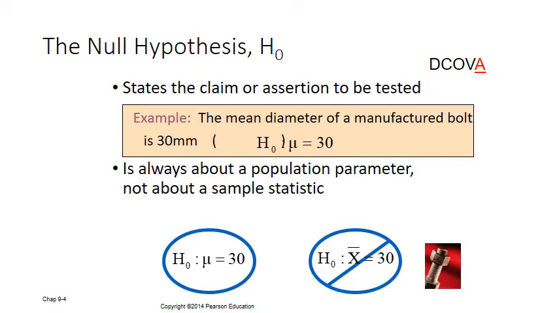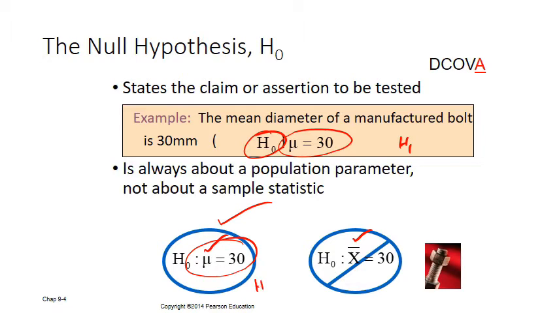Here you can see that, as I said, we always make the claim about the population, so we denote the claim by H0. This is the claim, and whatever we will test we will call H1. So he is claiming that the average diameter of the manufactured bullet is 30 mm, so mu is 30 mm. This is how we denote his claim. H0 is his claim that the average diameter of the bullet is 30 mm, and we always make the claim about the population parameter mu, not about the sample parameter.